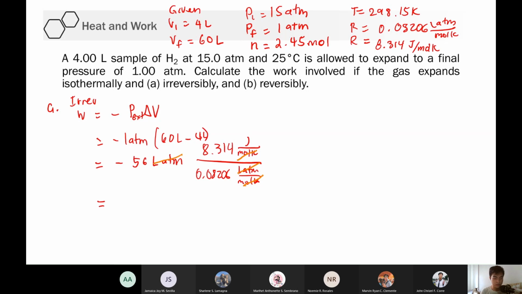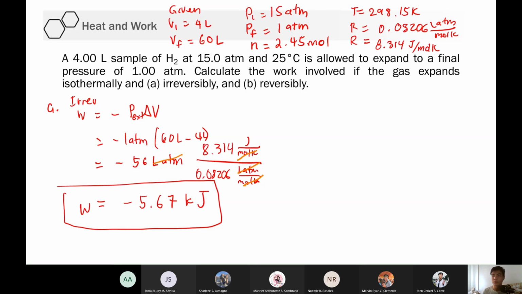So that's 56 times 8.314. Ayun. So the answer should be negative 5.67 kilojoules. That's the irreversible work. Di ba? With the help of gas laws, we were able to answer the problem. So don't forget the gas laws parati, ha?